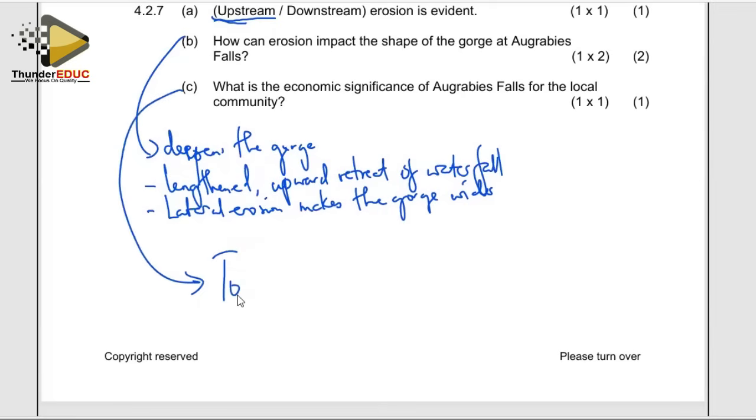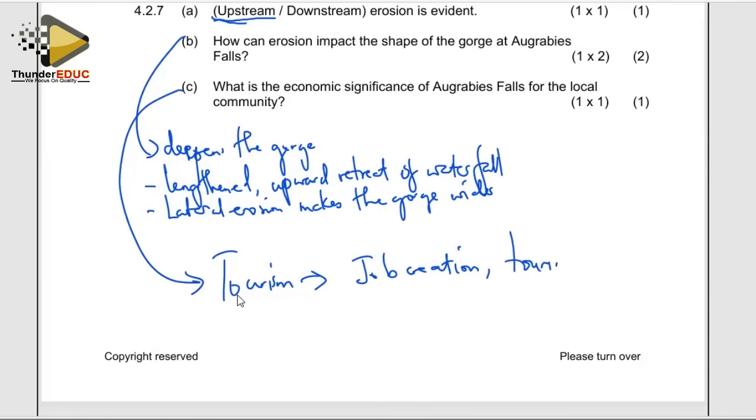Automatically, there's going to be tourism, which is going to happen. And with tourism, we're going to have job creation. And with job creation, through the multiplier effect, we're going to have the development of other services, which are likely to support the tourism activities there.